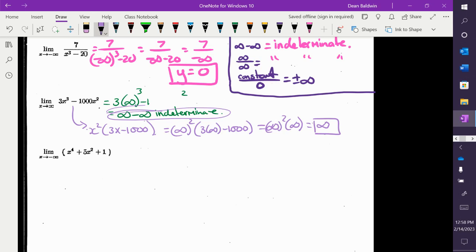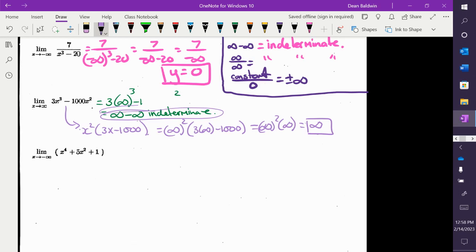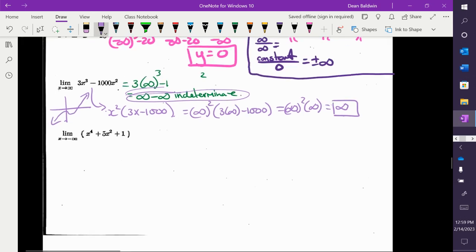This is a polynomial graph, so you know what it's going to look like. It's a cubic graph with a positive leading coefficient, so it's going to look something like this. So as x goes to infinity, what does the graph do? It goes to infinity.